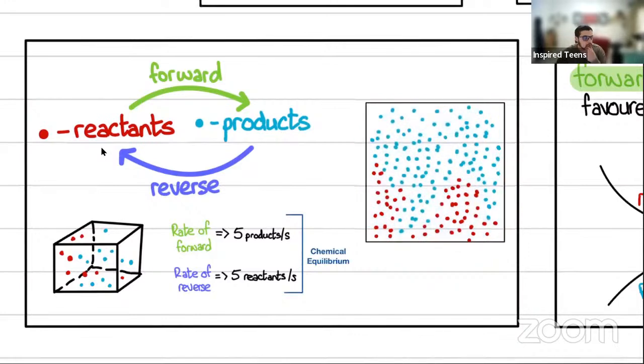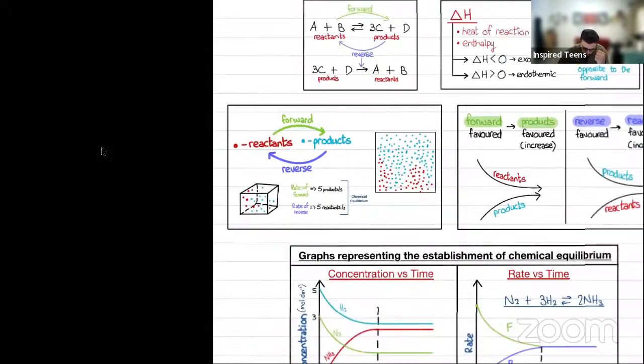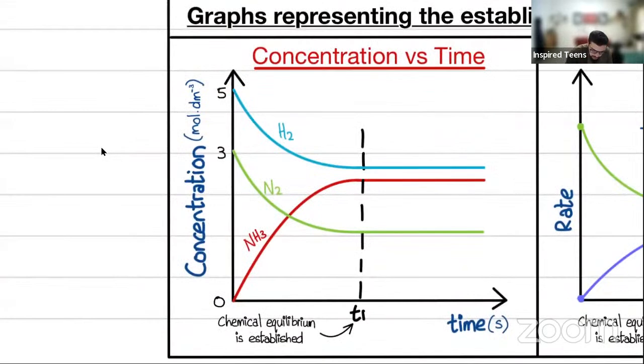When a reaction starts occurring, initially, looking at these graphs, we have a certain amount of reactants and we have zero product. As this reaction starts occurring, we start using up our reactants, but we start forming products.